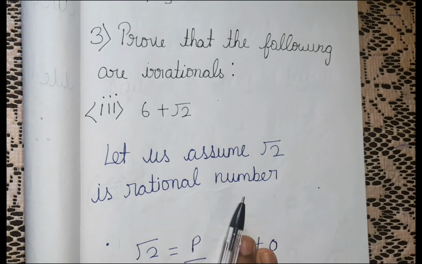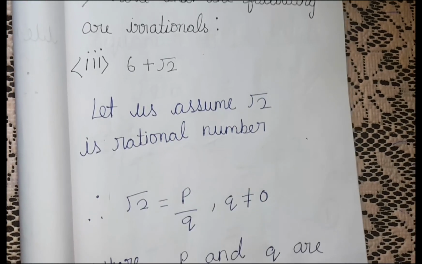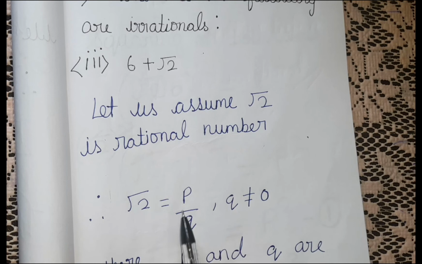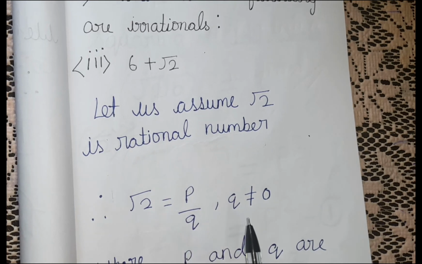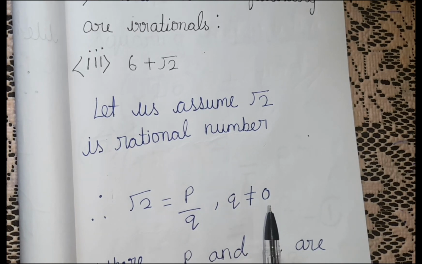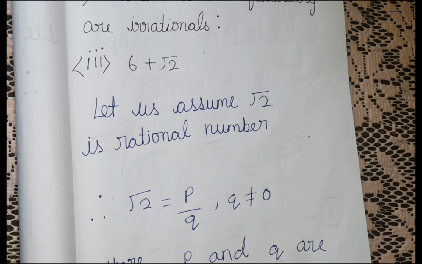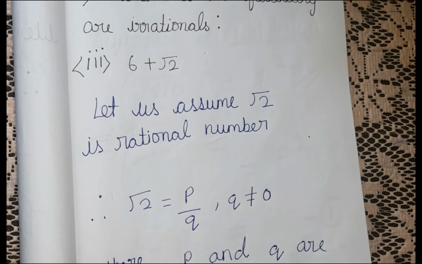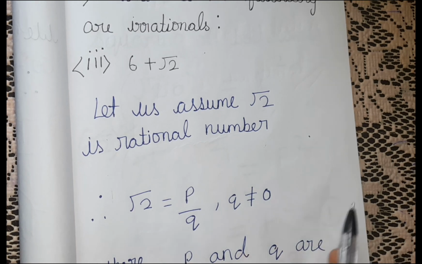Why are we taking rational number? Because a rational number is in the form p by q, where q is not equal to 0. In mathematics, a rational number is always in the form p by q. We can't change it into p square by q square because that is the rule. So to get a proper answer, we took rational number.